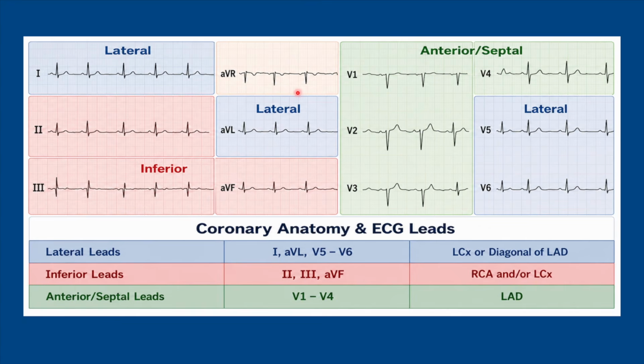It is a bad recording. Also, the position of the chest electrodes is very important, because if you put them in abnormal anatomical places, this will also lead to false diagnosis of diseases which are not there.